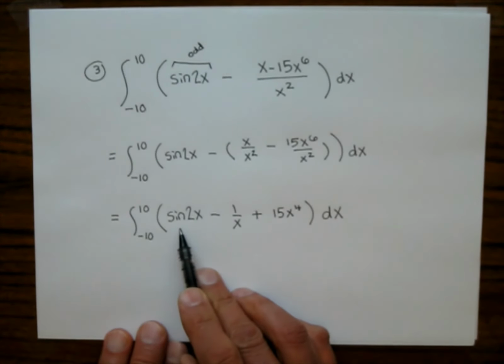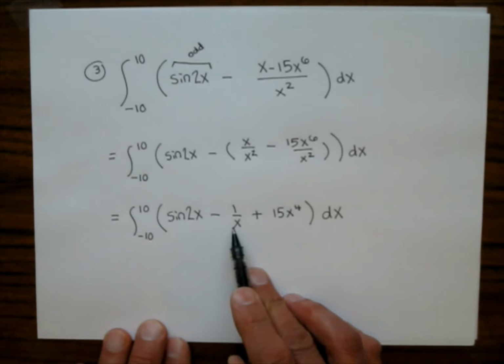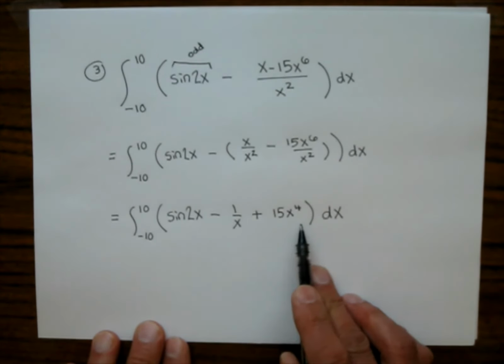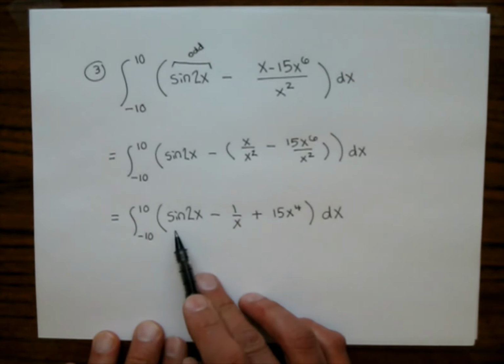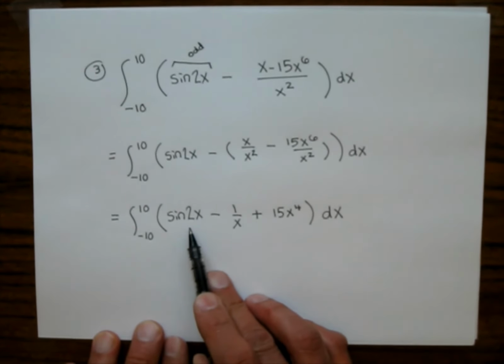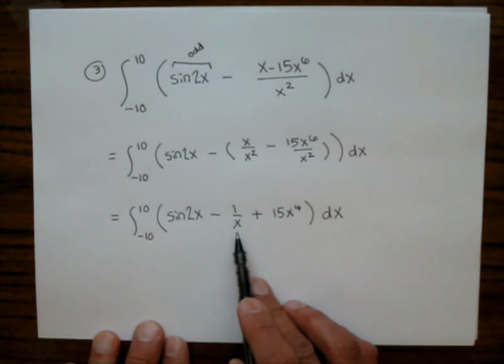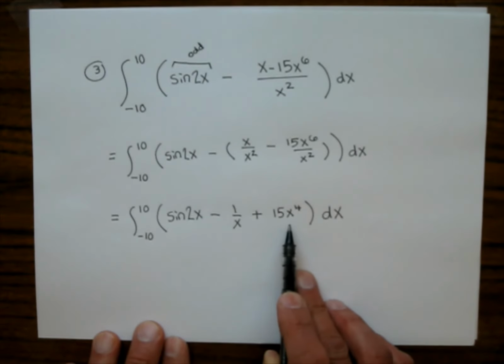Look, if we're looking at this whole thing, we might find that it's not going to be even and it's not going to be odd. But if you just look at these individual pieces, that guy's odd. This guy right here is also odd, because if you put a negative x in for x, you'll get the opposite function. This guy right here is even.